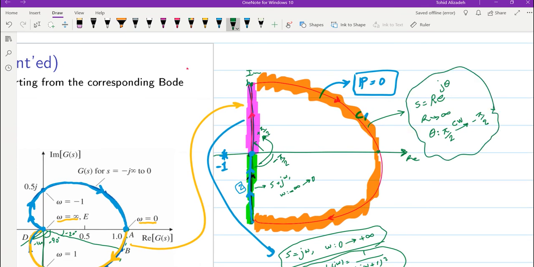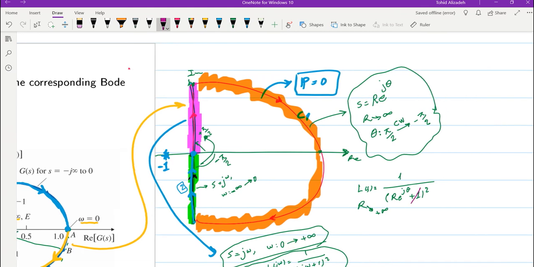In order to find out the mapping, we need to replace S with R e to j theta. And then we will have L of S equal to 1 over (S plus 1) squared, so we'll have 1 over (R e to j theta plus 1) squared as R goes towards plus infinity. And as R goes towards plus infinity, we can neglect the 1 over here.